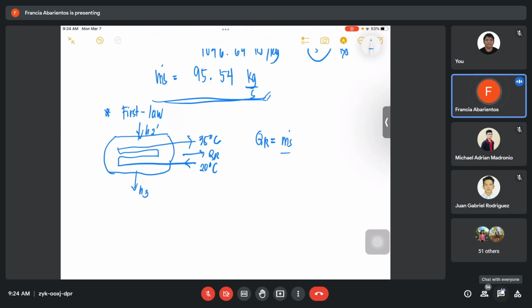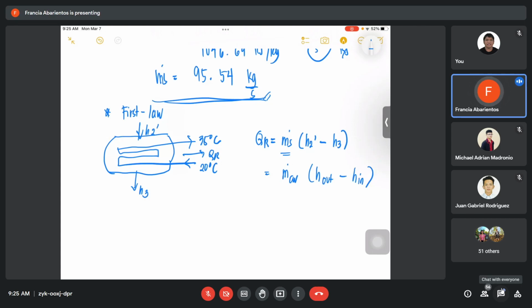Okay. So, now the mass of steam. Nilagyan ko lang to kasi magiging kilojoule na yan. Ngayon, we have the H2 prime minus the H3. Okay. So, sa heat rejected class, equal naman na siya ng energy sa mass of the, kasi pinapanap sa atin is the mass of the water leaving. Mass of the cooling water. And equal siya sa H ng leaving na water minus entering na water.